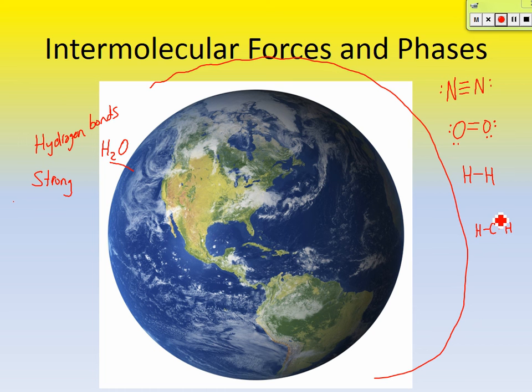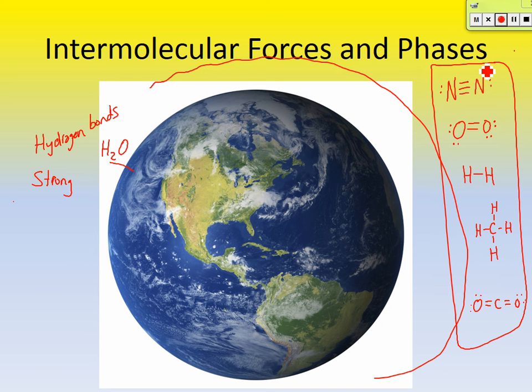Now you should be noticing a common trend here with the gases. There's one more famous gas that I'd like to draw. Carbon dioxide. You exhale it every time you breathe out. So here's what carbon dioxide looks like. What do you notice? What's the trend with all of these gases in our atmosphere?